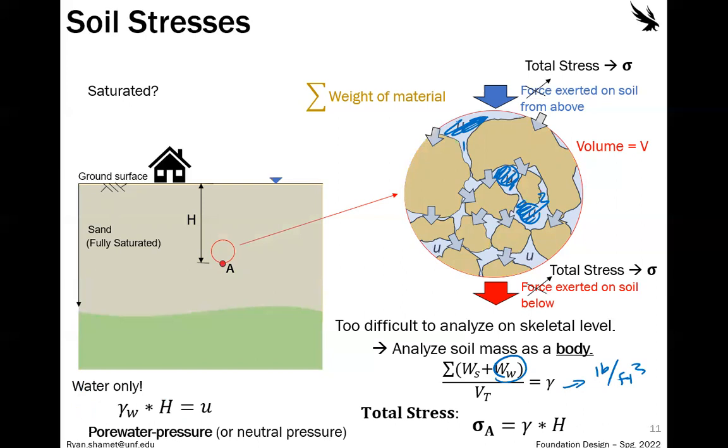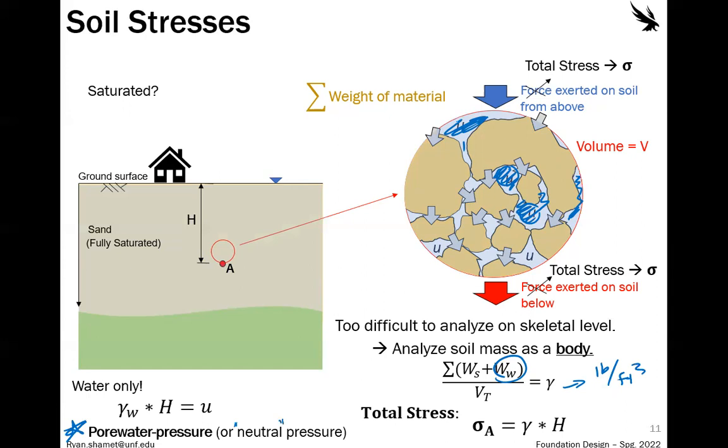So for this, the total stress we would obviously be feeling is more, because now not only is there soil above us, there's water above us. But we as engineers need to account for only that water pressure, and that is what we call the pore water pressure. This is also called neutral pressure in some of your textbooks. So you may see that, but most of the time now we're going to call it pore water pressure.